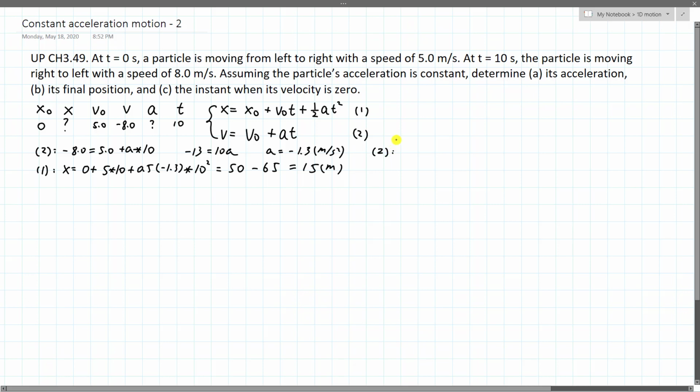So equation 2: I put velocity equal to 0, because I want the velocity to be 0. The initial is 5, and acceleration is minus 1.3 as I solved already, and I don't know the time, so I'm solving for the time when the velocity has to be 0. So it's 5 minus 1.3 t equals 0, so t is equal to 5 over 1.3.